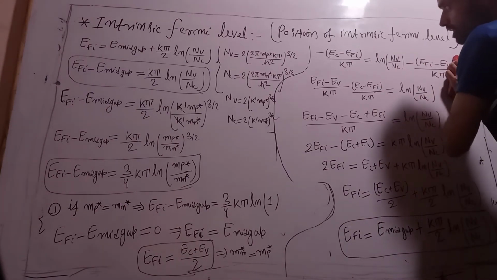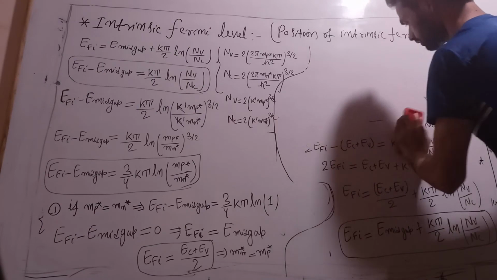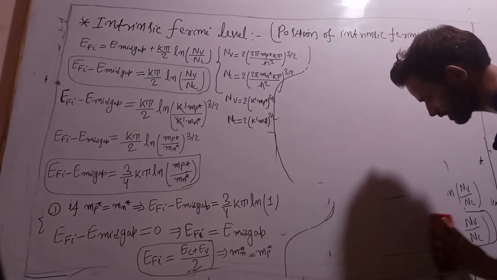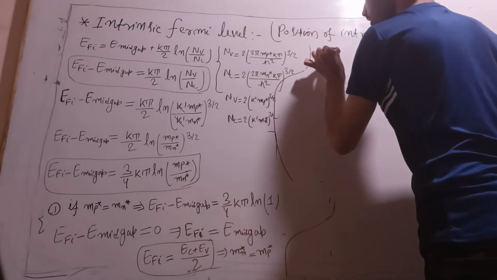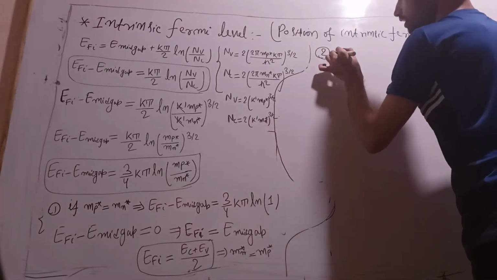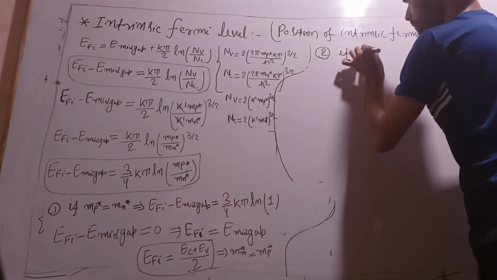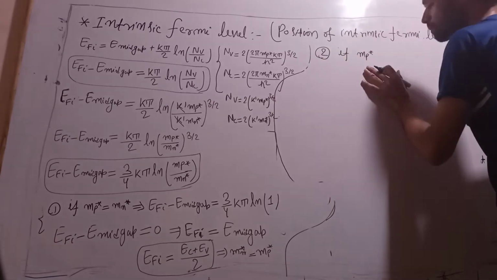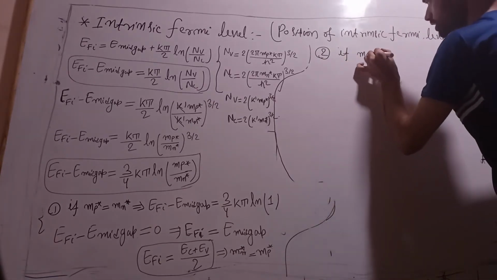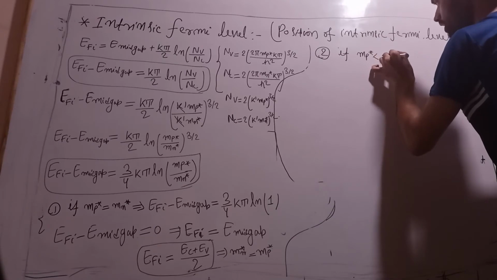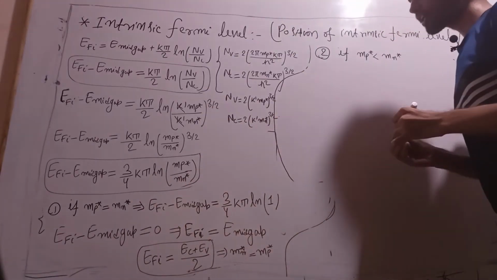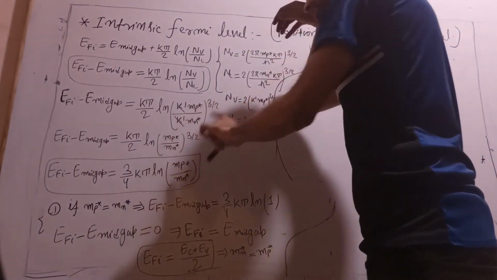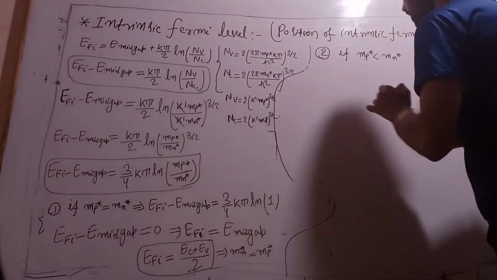So now see the second case. Case second is when mp star is less than mn star.